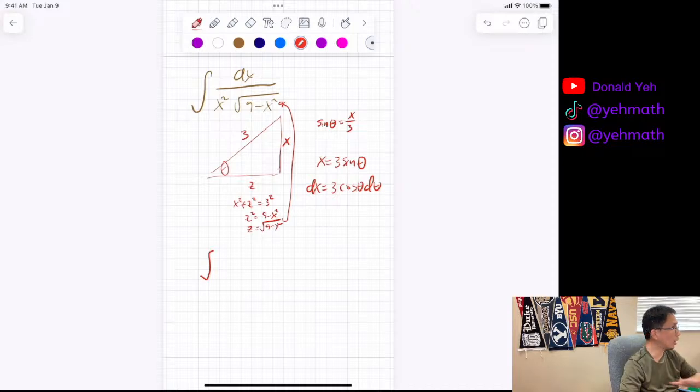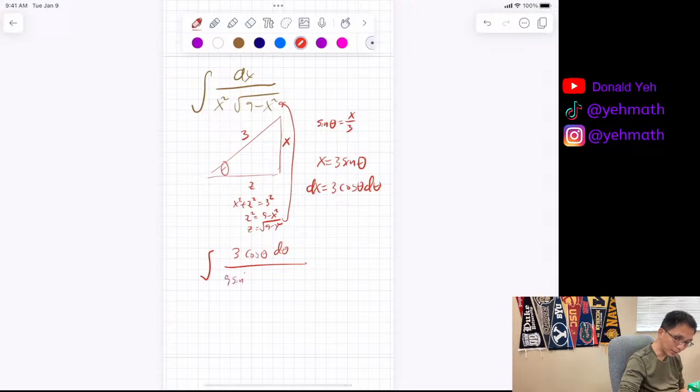So I'm going to convert all the x to theta. I'm going to write down dx equal to 3 cosine theta d theta, and x squared is going to be 9 sine squared theta.